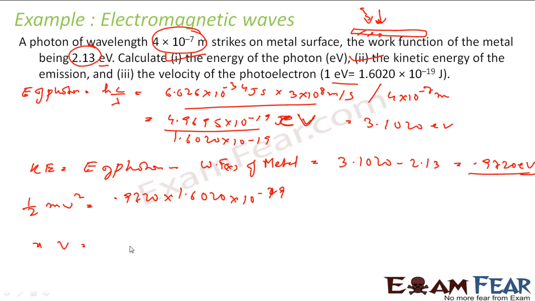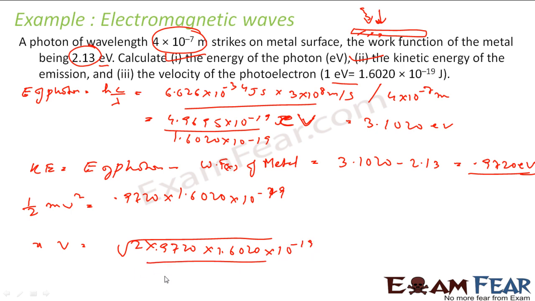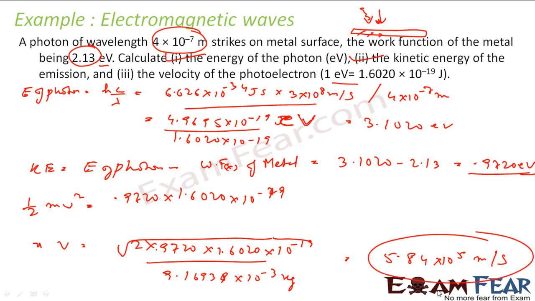So v is nothing but the root of 2 into 0.9720 into 1.6020 into 10 to the power minus 19, divided by m. The mass of the electron is something we know, that is 9.16939 into 10 to the power minus 31 kg. If you solve this, you get 5.84 into 10 to the power 5 meter per second, and that is my answer. That is the velocity of the electron.